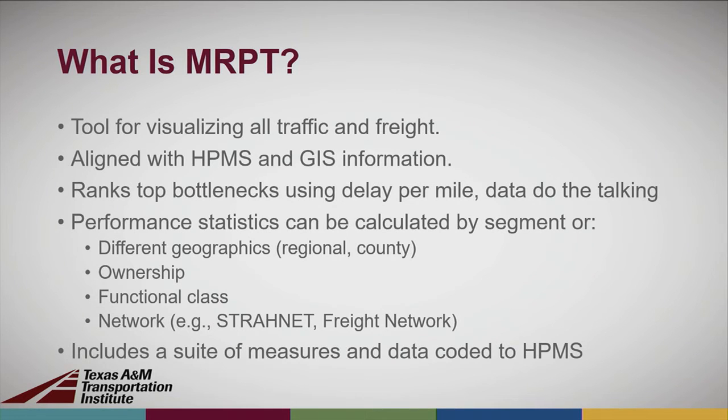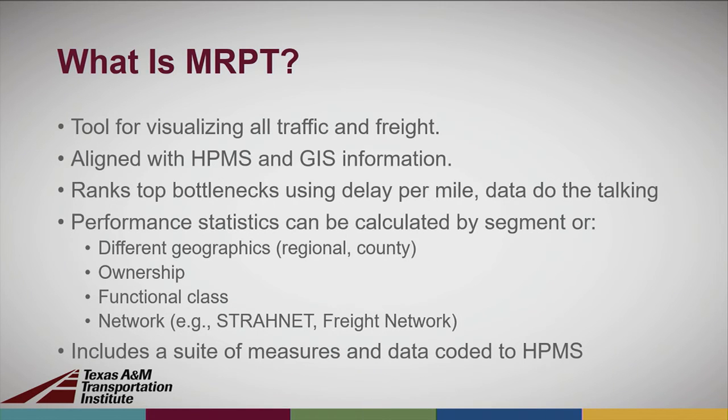So they asked us to do all this and create something where they could see the performance statistics on their network, the HPMS or One Maryland, One Centerline, and they wanted to be able to see other types of performance measures. They wanted to be able to see it at different geographies too.